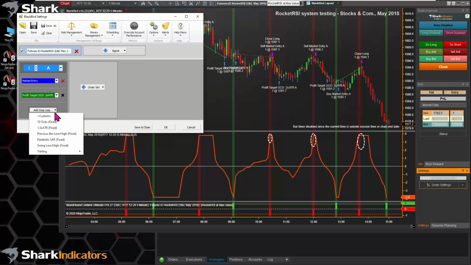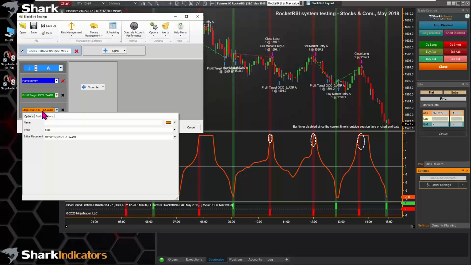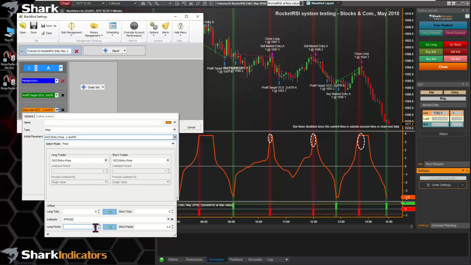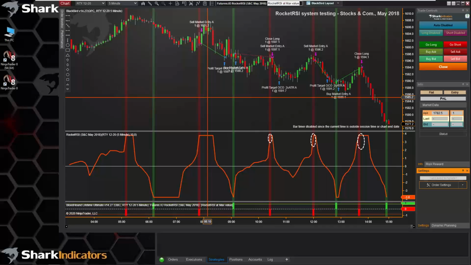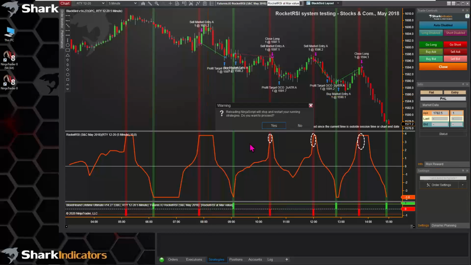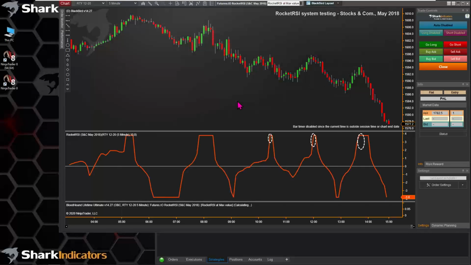Maybe we need to put a stop loss back on this thing. At the beginning I tested a 2 ATR, so maybe I need to test a 3 ATR with this. So we'll just add that stop loss back in there and do a quick reload and see what happens.